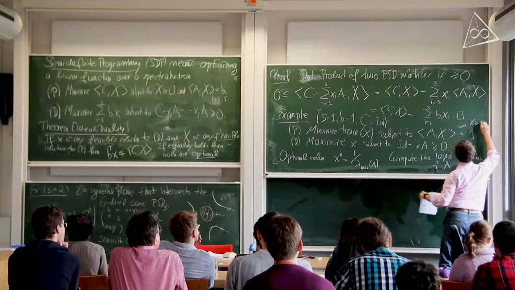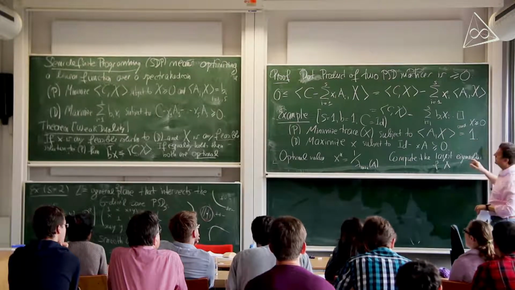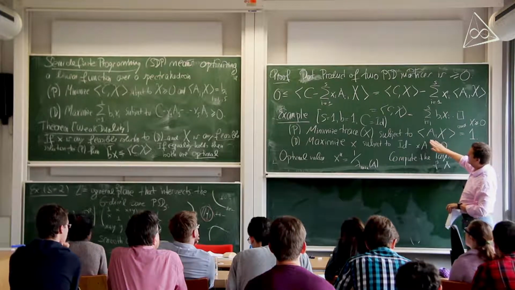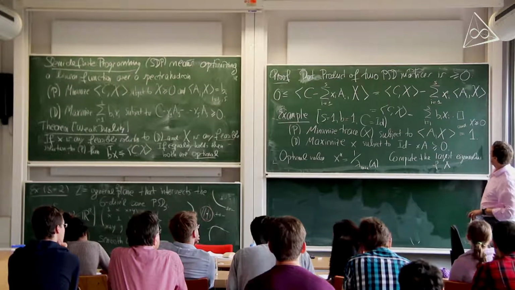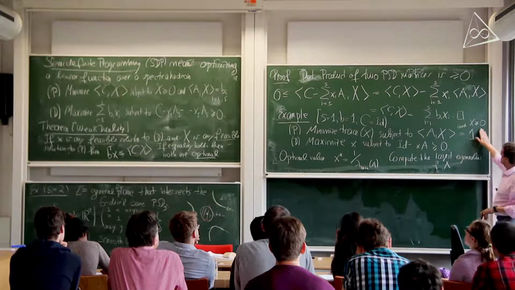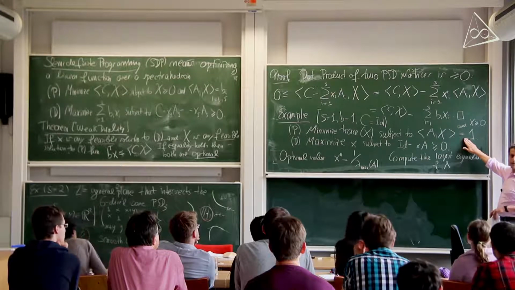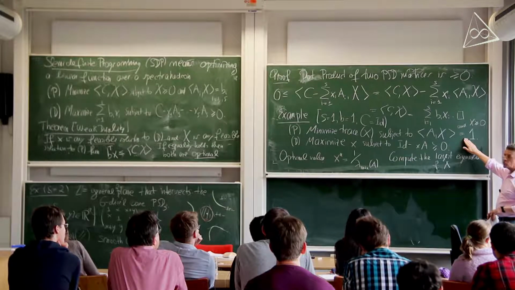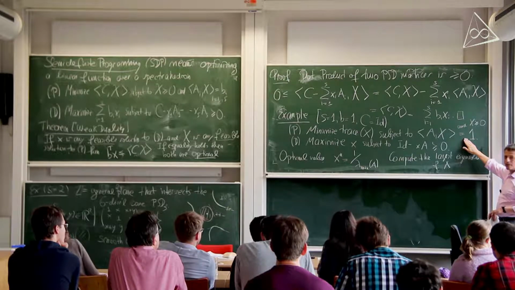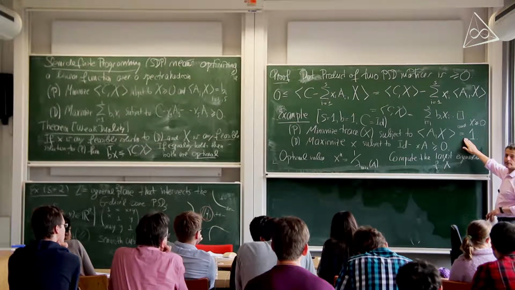Here I'm cutting the positive definite cone by one affine hyperplane, and then maximizing the trace over that intersection is equivalent to finding the largest eigenvalue of that matrix that does the cutting.